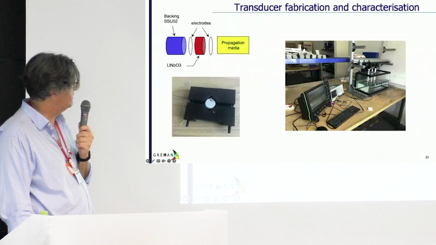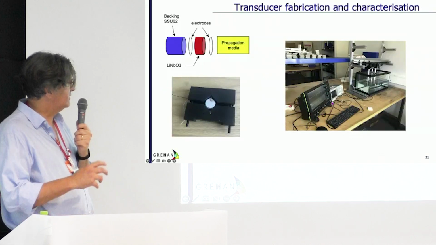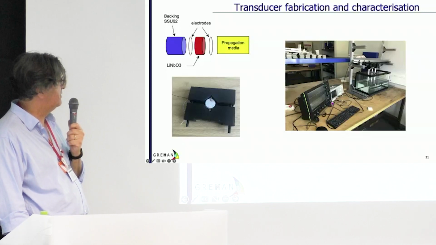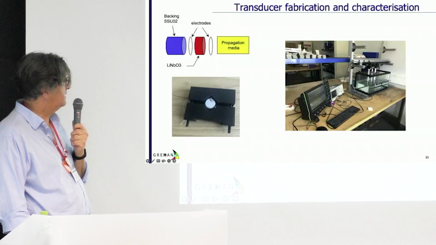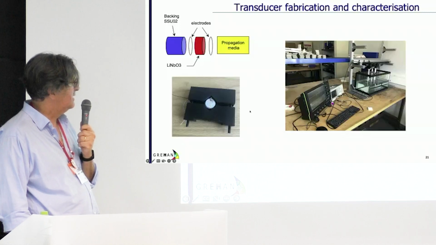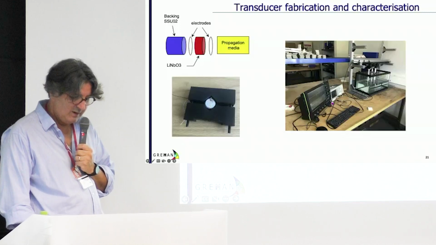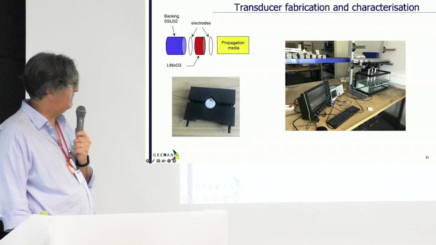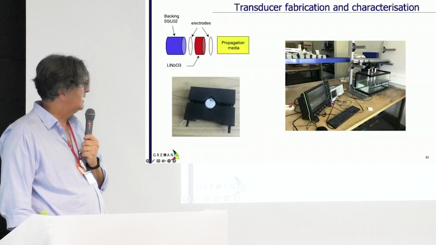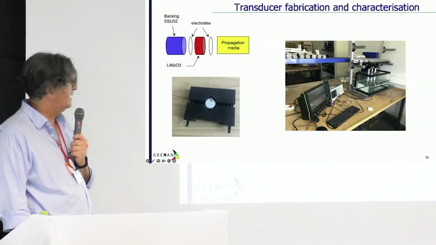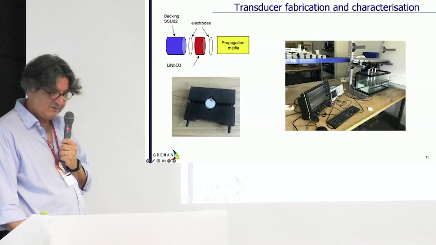So you have here a picture of the transducer with a holding system, and here you can see the crystals, and here you have the backing, and here you have contacts, and we have made measurements in our laboratory. So you can see the equipment with a function generator that will deliver a pulse, and then send to the transducer, and then you measure the round trip in water, and then you observe the echoes. This is a basic measurement.